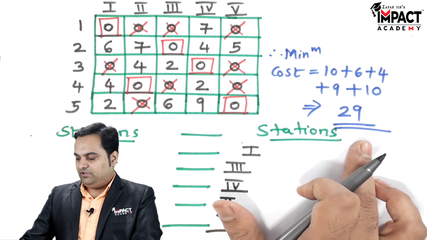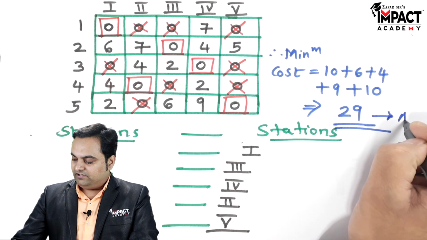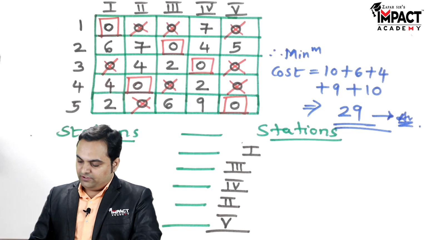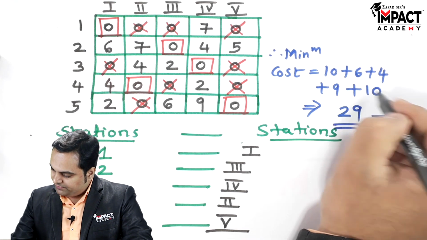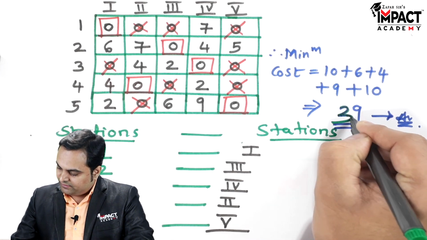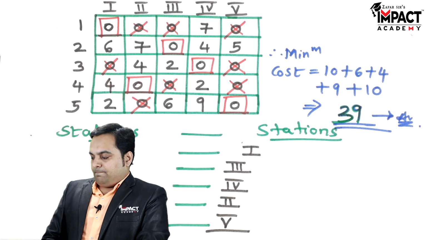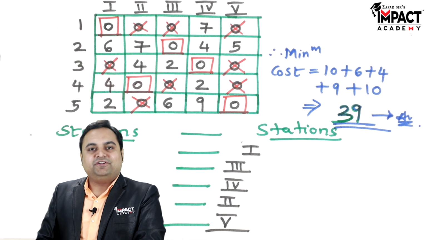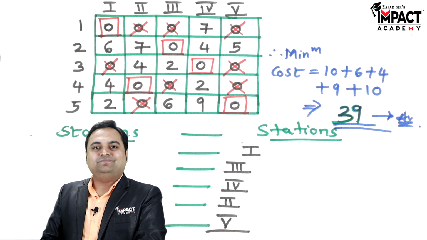So this gives us the minimum cost, and that is the final answer. And this value comes out to be 39. It is not 29. The value is 39. So that's the final answer, and in short that was an explanation regarding the assignment problem.